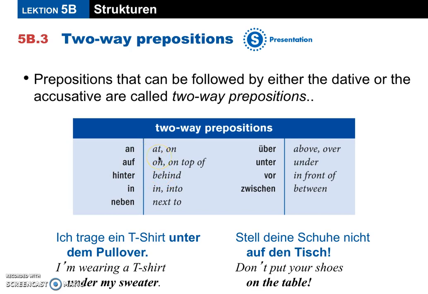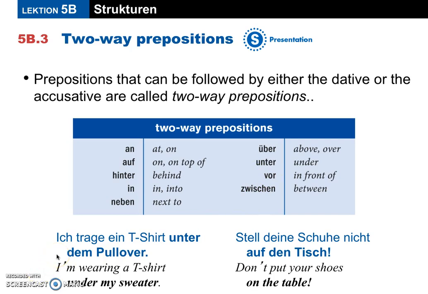You can be at something or you can go on something. You go on the pier, or you are on the pier. That's the difference. Auf: something is on the table, or you're putting something on the table. Hinter, in, neben, über, unter, vor, and zwischen.